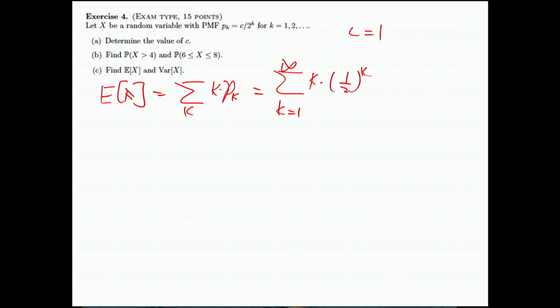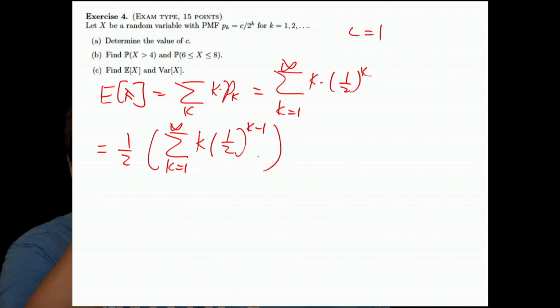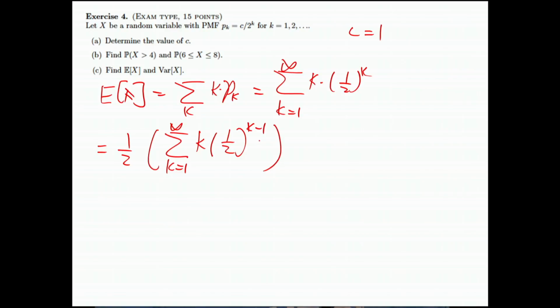So I can take 1/2 outside, and the summation k equals 1 to infinity of k times 1/2 to the power k minus 1.